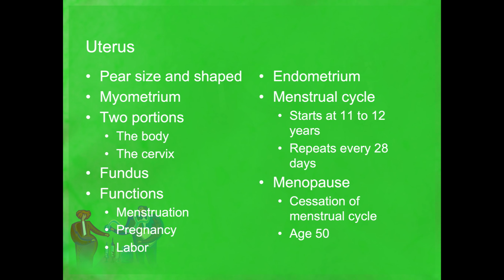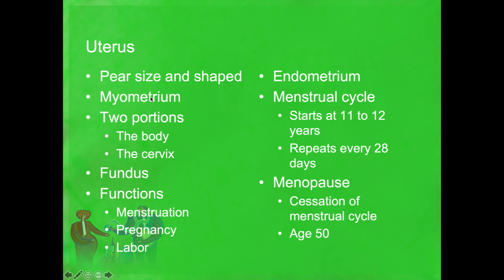And then lastly, it is the site of labor. So when contractions occur, and scientists still don't know what potentiates the onset of contractions, but nevertheless, the myometrium jumps into play, begins to contract and push with the expectation of expelling the baby.